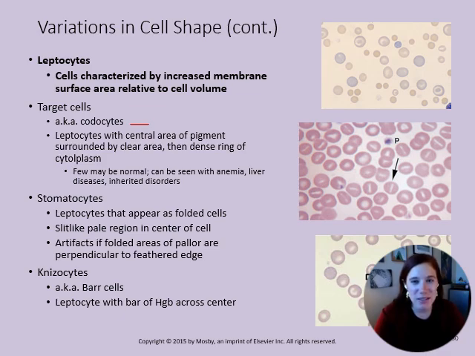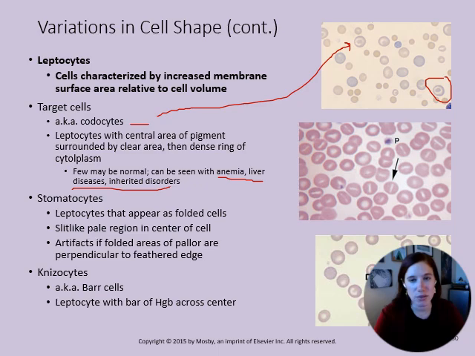So these target cells are pretty much going to look like a target symbol. You may see few to normal, and they can be seen in patients with anemia, liver disease, or anything that's possibly genetic or inherited. So we see these target cells. They basically make a target.